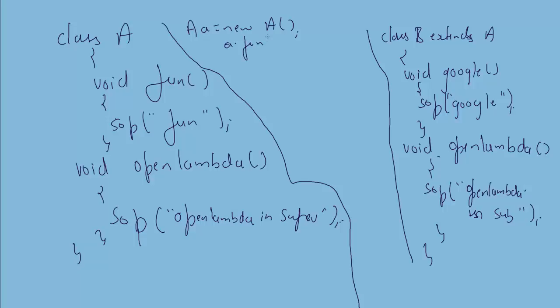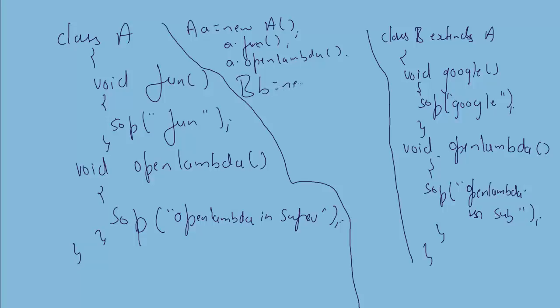If I access fun, fun will be printed. A dot open lambda: this object has been created inside the memory, so open lambda in super will be printed. I hope you people will be comfortable with this.